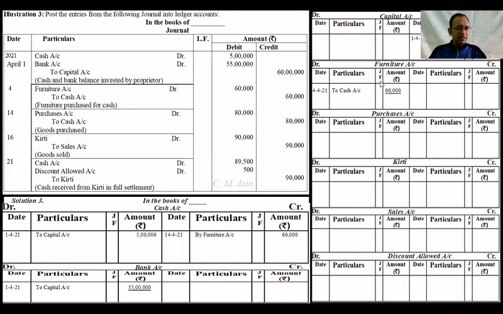Now let us look at the next entry, purchases account debit to cash account. So in purchases account, on which side will we write? Debit side. What will we write? To cash account. Date is 14th April 21. To cash account, 80,000.